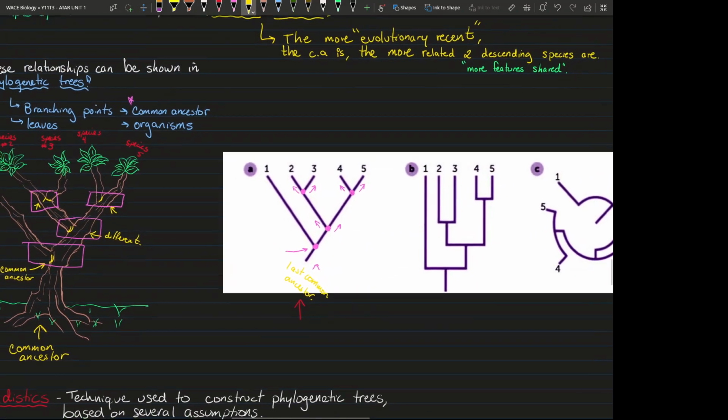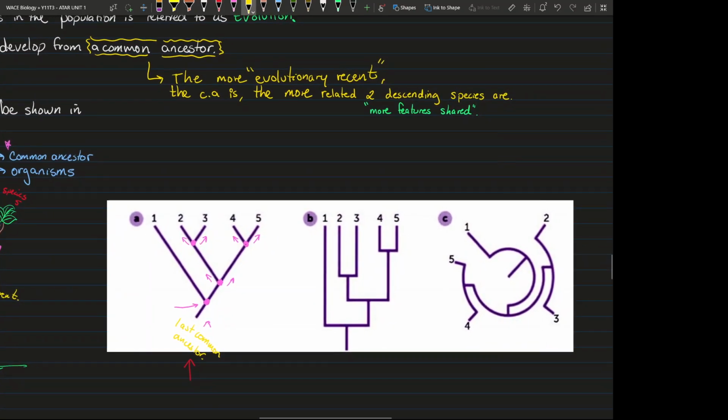Now, going back to this idea that the more evolutionary recent the common ancestor is, the more related the two descending species are. What do I mean by that? If you notice here, let's say I'm describing this. I'm going to put it in red here.